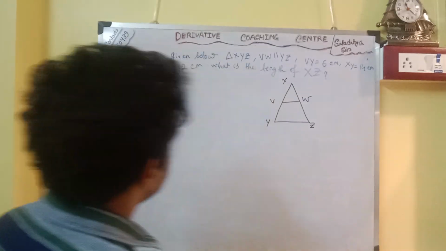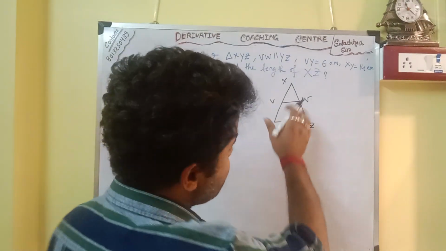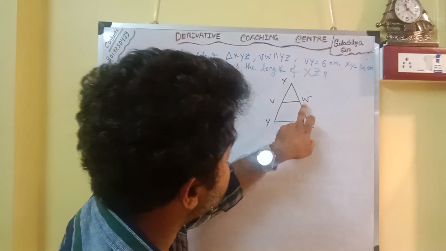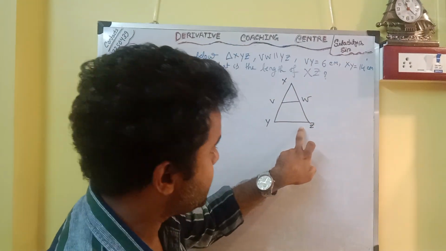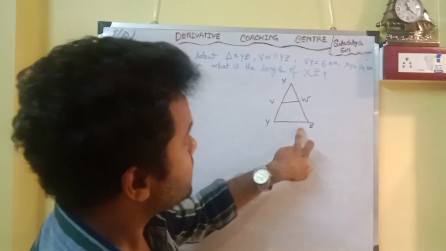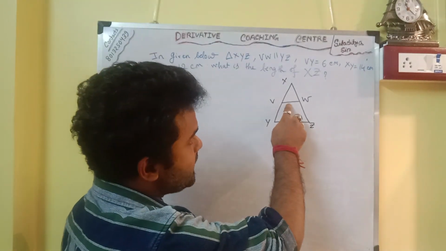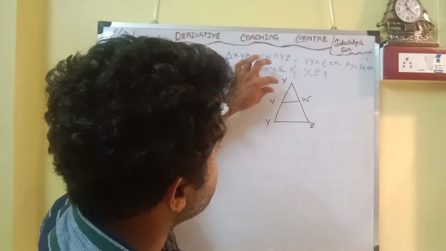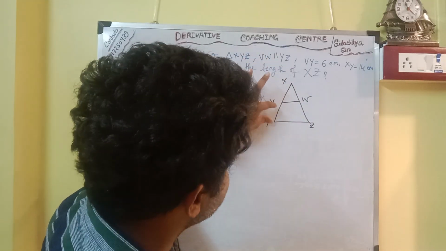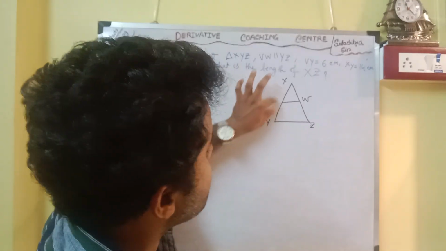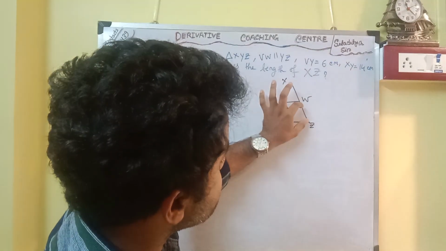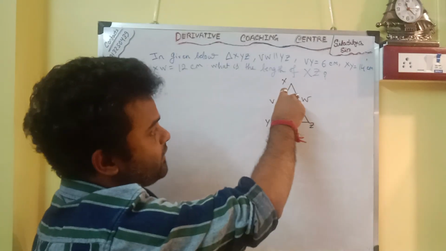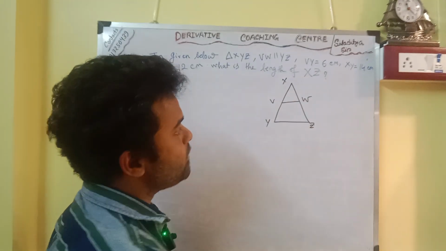Look, in any triangle, suppose this VW is parallel to YZ, then this line divides this side into XV is to VY, and the other side into XW is to WZ. So from the Thales theorem, we can say that XV by VY equal to XW by WZ.